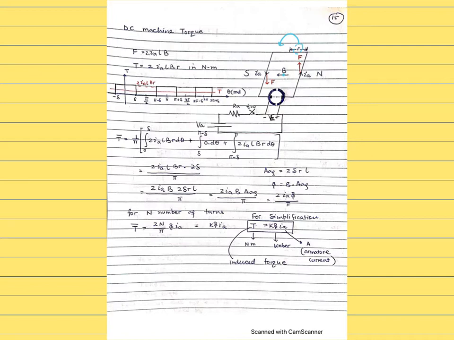So torque is going to be given by force multiplied by r, and the force, as is known, is given by the current flowing, the magnetic field, and the length of the conductor. You can see the direction of the force is going to be given by the left hand, is it?